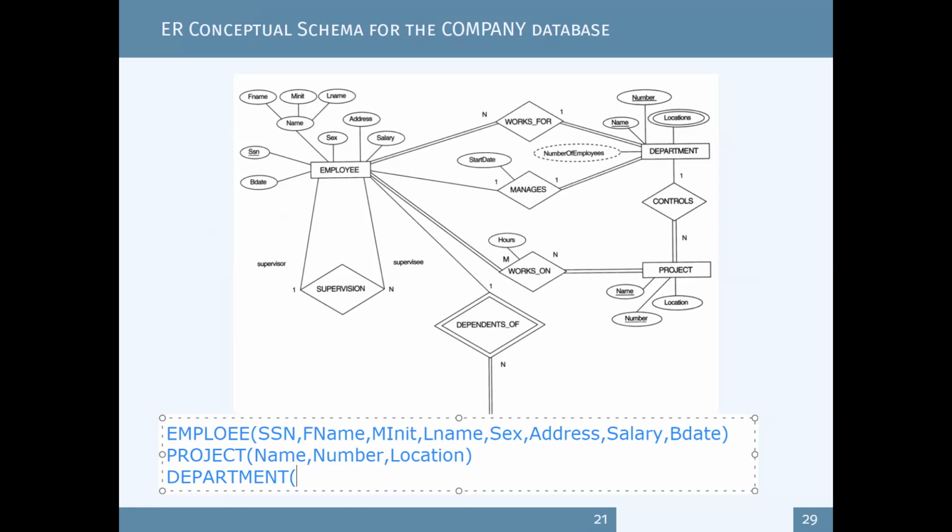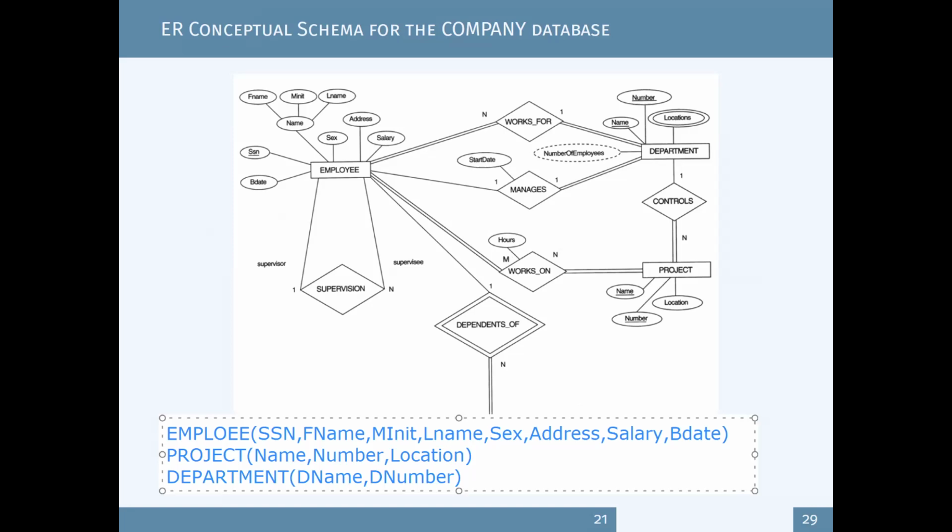We have department name. I will put D name because project name also we said name, so I will put something different. It's okay to have the same name, it's okay. And then we can have department number. That's all for the department. Good. So this is the first step, right? So for the transformation, we take all the regular types.